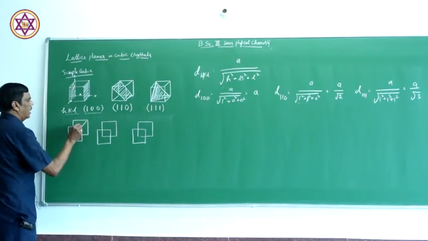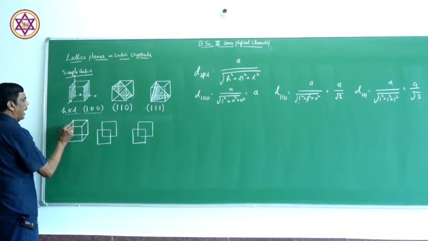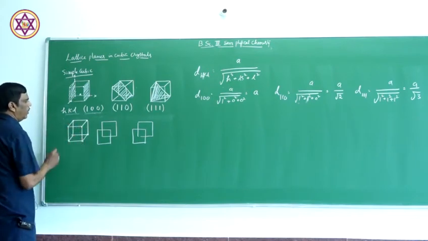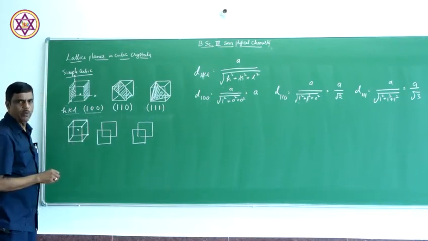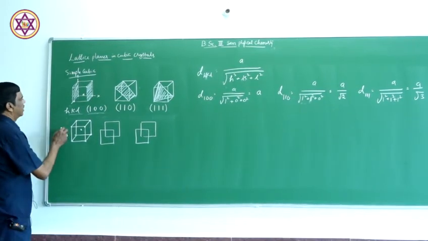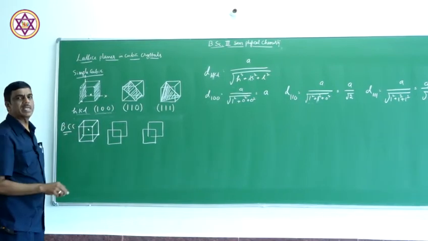Apart from atoms or molecules at the corners, we have one extra atom at the center of this cube. That is why this is called body centered cubic lattice, BCC.